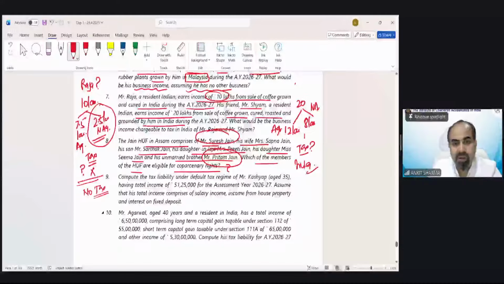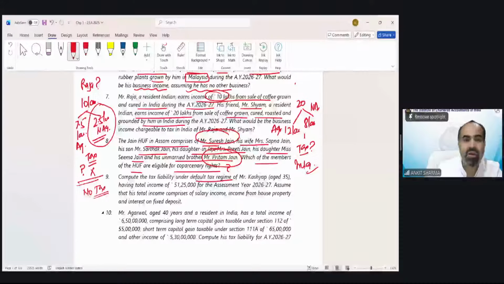Next, question number 9. You have to calculate, under the default tax regime, the tax on 51,25,000. So the marginal relief concept would be applicable because income is just slightly above the range up to which there is no surcharge applicable.